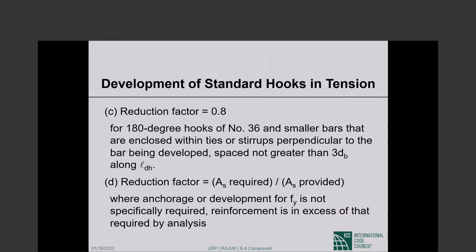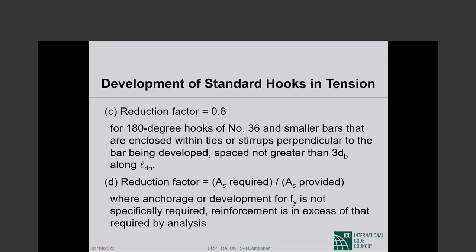And then even on the hooked bars, you can take a reduction factor, which is the required area of reinforcement divided by the provided area of reinforcement, where anchorage or development for f sub y is not specifically required.